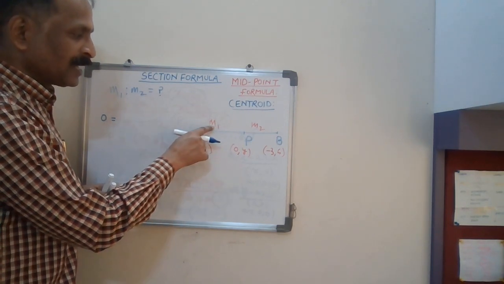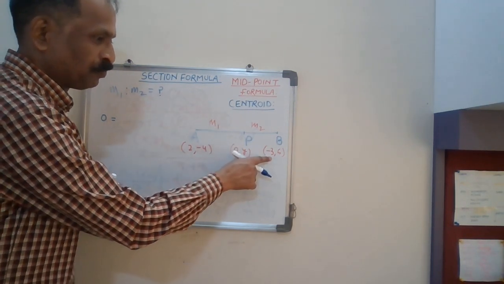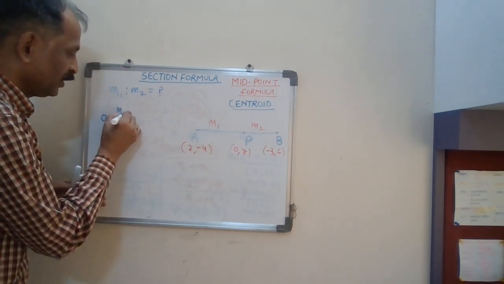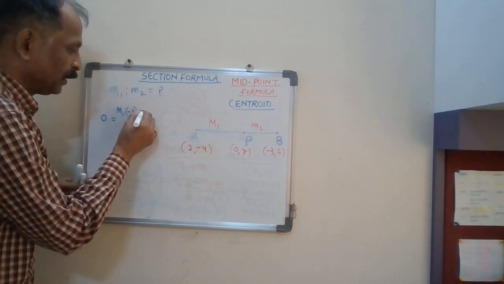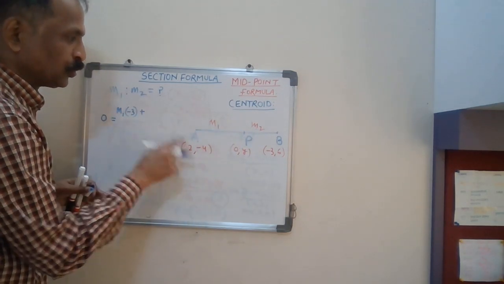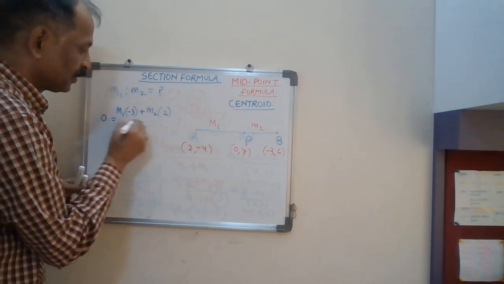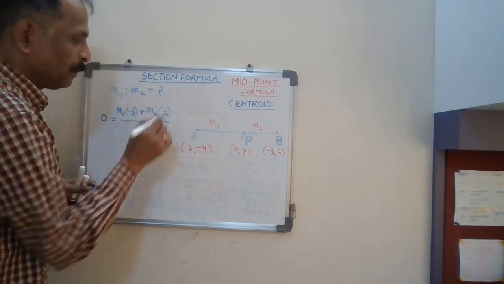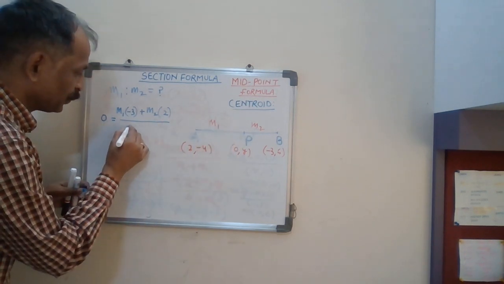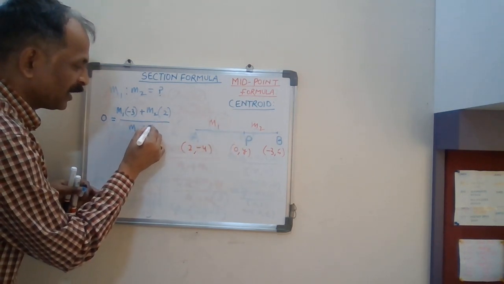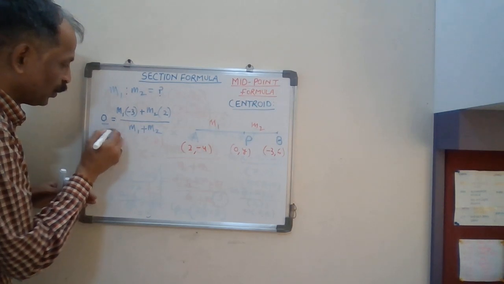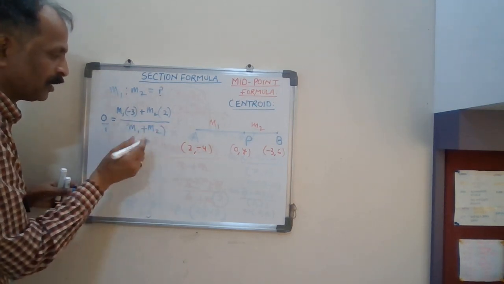So zero formula means m1 into minus 3. So you will write m1 with minus 3 plus m2 with 2. Please remember, it's going easy, upon m1 plus m2. See, the logic behind is when I do cross multiplication, this entire will become zero.